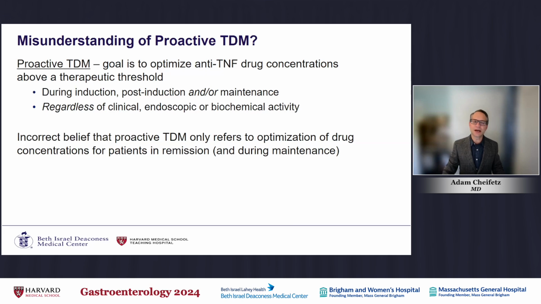This can be during induction, post-induction, and or maintenance therapy. And this is regardless of clinical, endoscopic, or biochemical activity. I think there's this incorrect belief that proactive TDM only refers to optimization of drug concentration for patients in remission and often thought of as only during maintenance therapy.